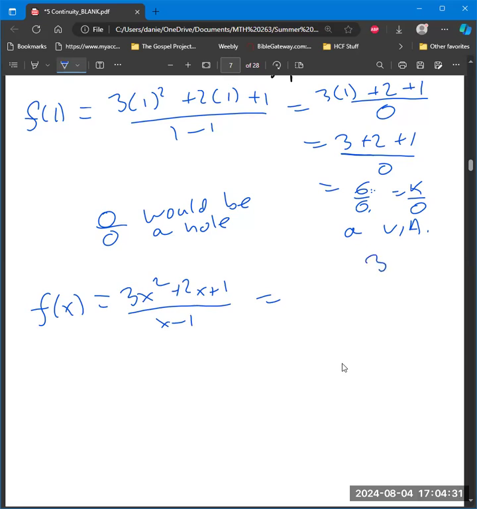Factors of 3 are 3 and 1, and 1 and 3. We could get -3 and +1, but -3 and +1 don't multiply to give me a +3. -1 and +3 add to give me 2, but they would multiply to give me a -3, so that doesn't work.